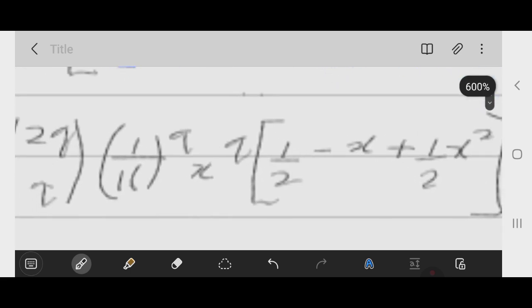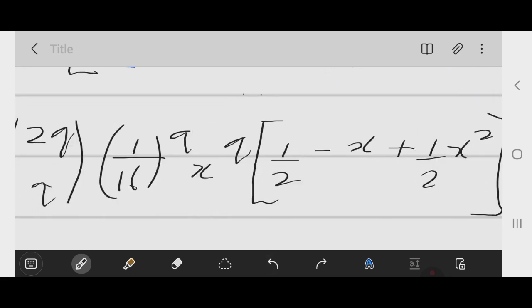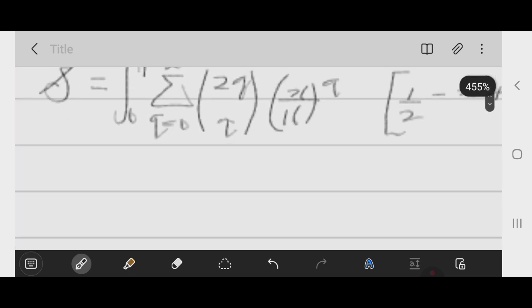Alright, so here both of them have the same power, so I can just unite them. Let me write x here. Alright, perfect.